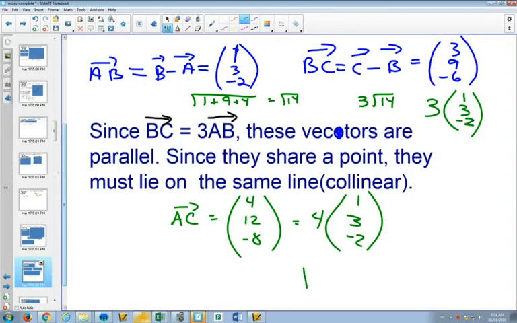Its length, the length from A to C, is going to be 4 root 14. So if you have A to B is root 14, and B to C is 3 root 14, adding them together, you'll get 4 root 14. And since they share a common point, they would have to be in a straight line for that reason as well.